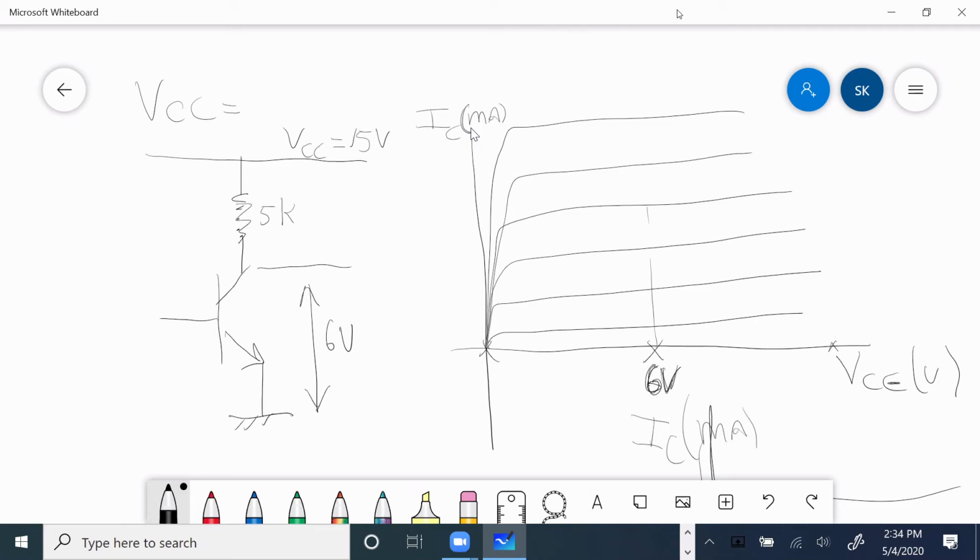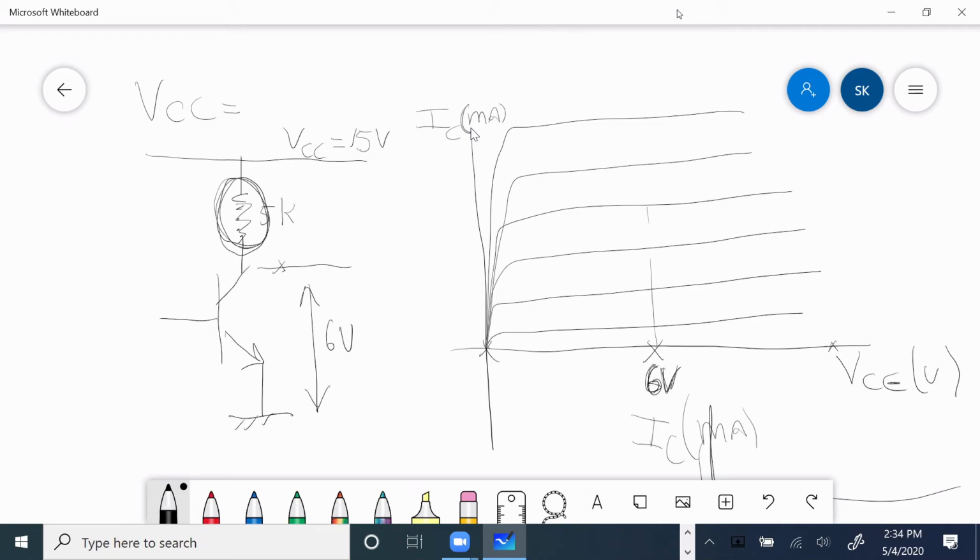If there is 6 volt there, 15 volt there, that means 9 volt across this resistor.